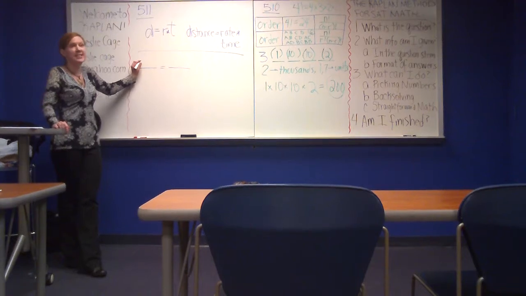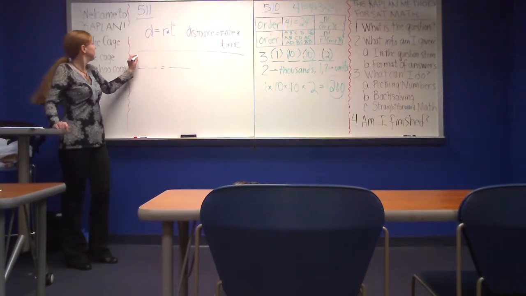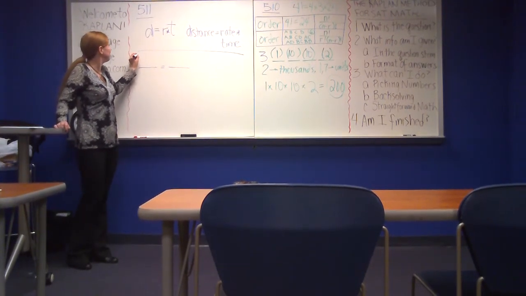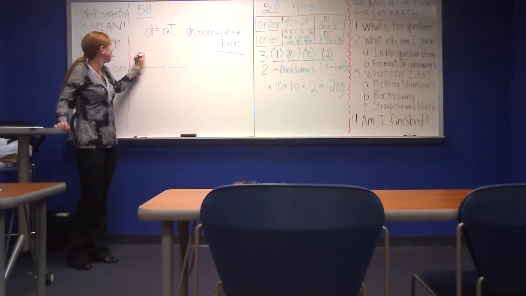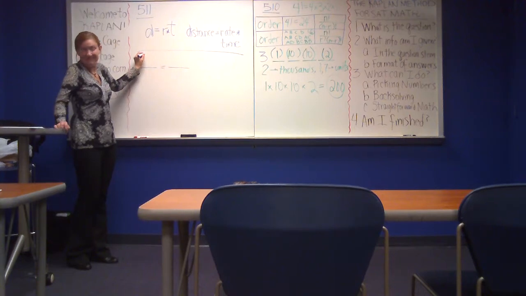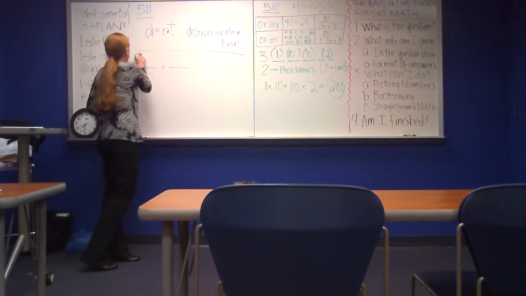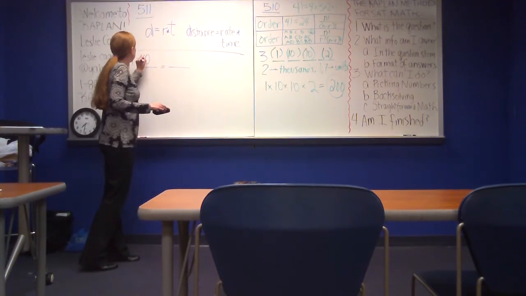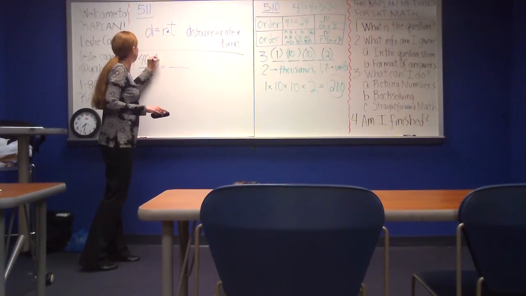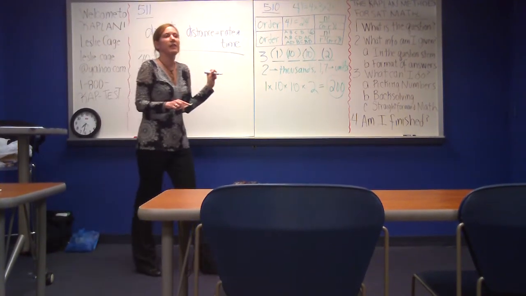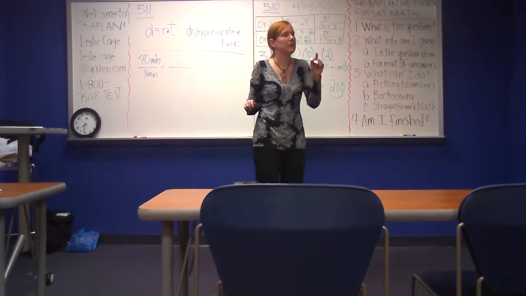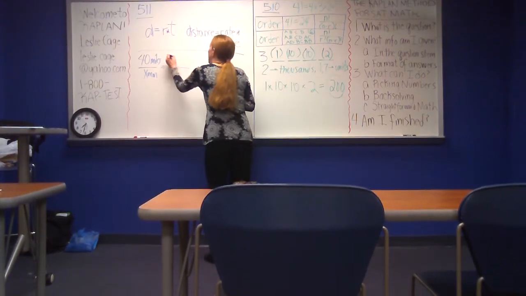So what is the distance? 40. What distance did he travel? 40 miles. Traveled 40 miles, and then how far? We don't know. And at the rate of what? How many miles per hour? 75 miles.